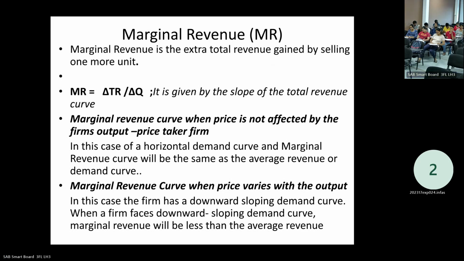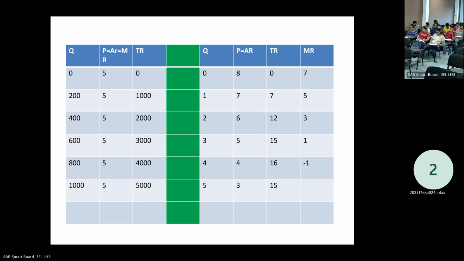Okay, so now you can take this table. Here we take the different quantities: Q 0, 200, 400, 600, and so on. And price equals average revenue equals marginal revenue, because the firm is a price taker. The firm works on the market determined price. Market fixes the price.